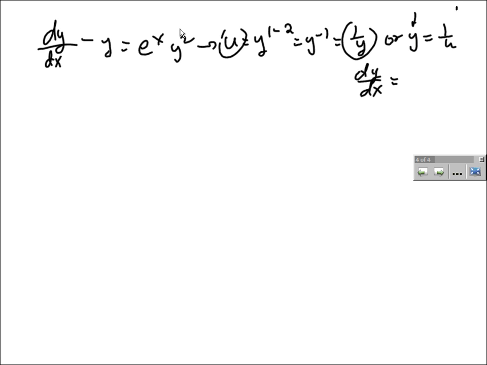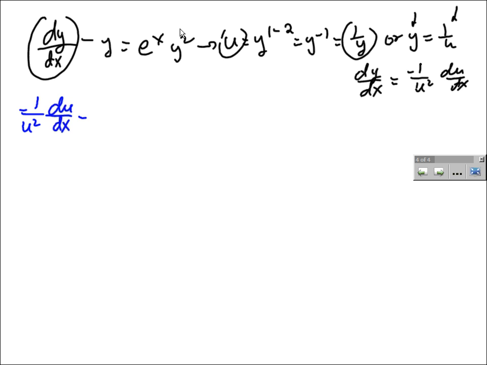The derivative of 1 over u is negative 1 over u squared times du dx. So dy dx is negative 1 over u squared du dx minus y, which is 1 over u, is equal to e to the x times y squared.